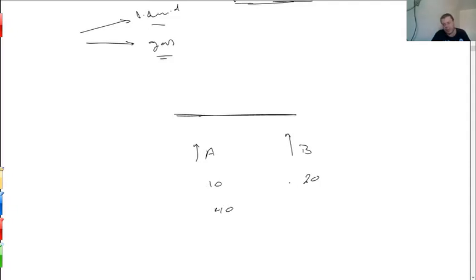Or you can use what we call cross multiplication: 40 times 20 divided by this 10 will give you 80, as you know. 20 times 40 divided by 10 gives you 80.